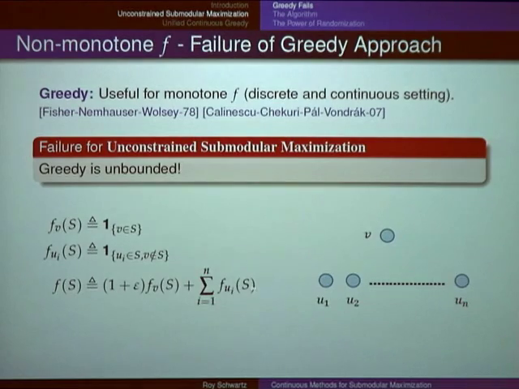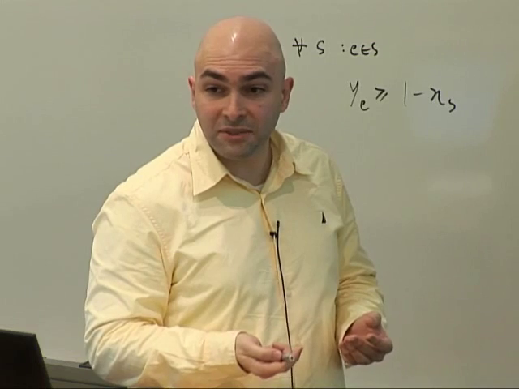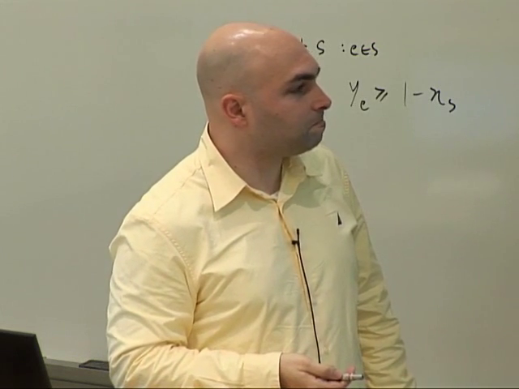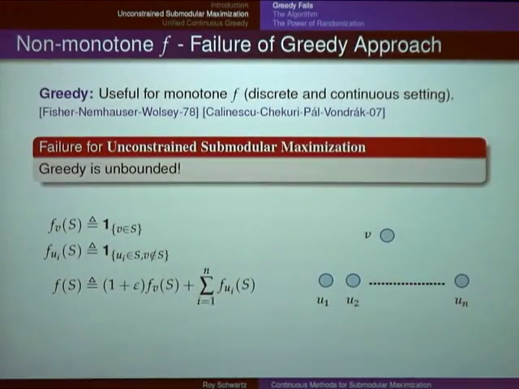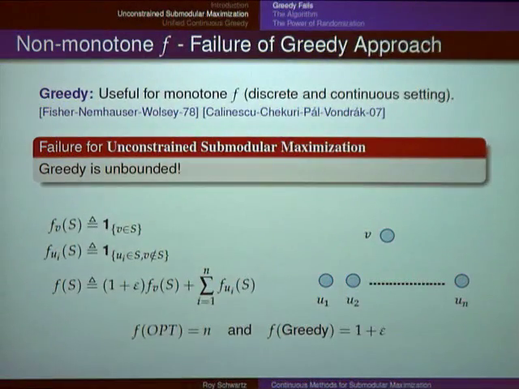The objective is just a non-negative combination of those, but we put a slightly larger weight on v's function. So what will greedy do? Starting with nothing, which element is best to choose? It chooses v, because it gains 1 plus epsilon. And once it chooses v, it is done. It can't gain anything more. The optimal solution is just to choose all the u's. So there's a gap of n. This means that the greedy approach is meaningless in this case, at least in the combinatorial setting.